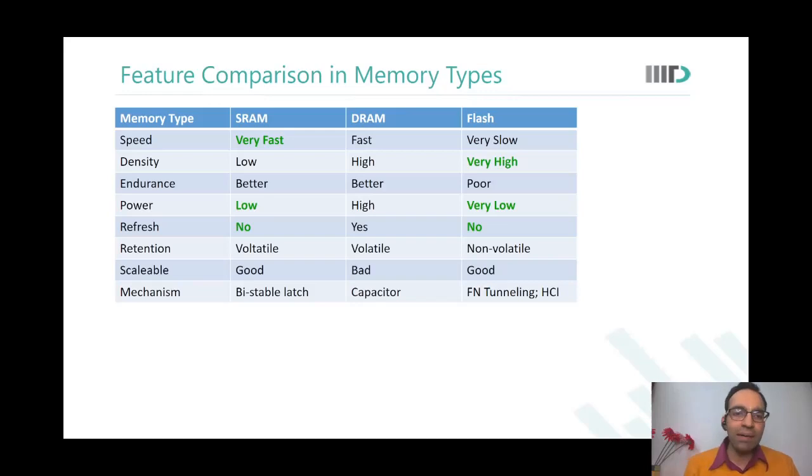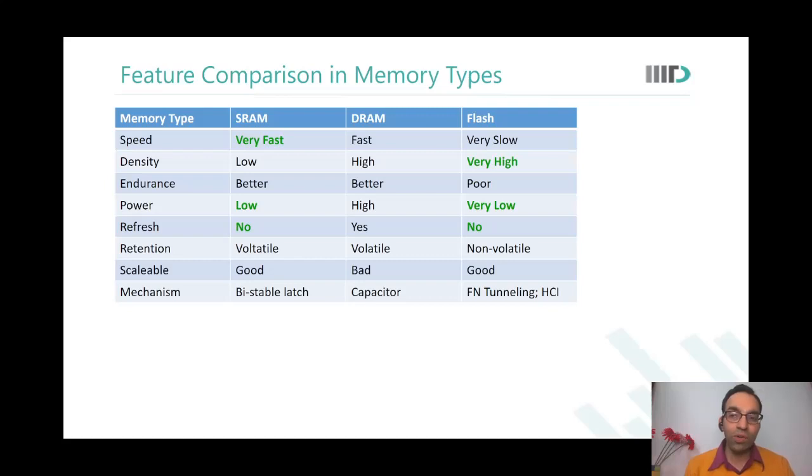SRAM is only transistors based, so you can scale it. Flash, as we will see later, is also primarily only transistors, so you can scale that also to some extent. But in DRAMs, we're talking about transistors and capacitors. If you reduce the area of capacitors, the value of the capacitor reduces, so you can store less charge on the capacitor.